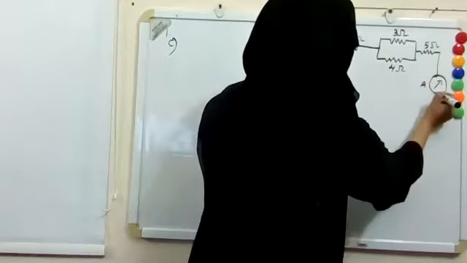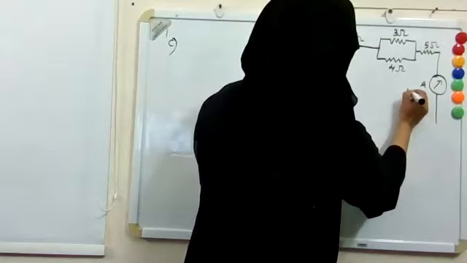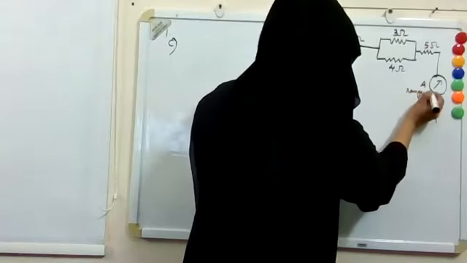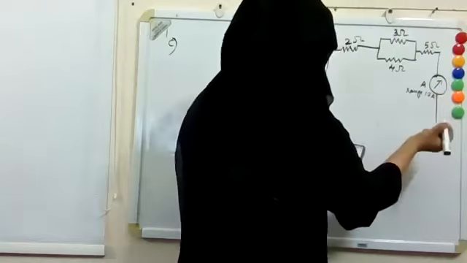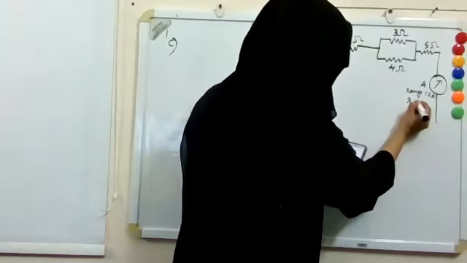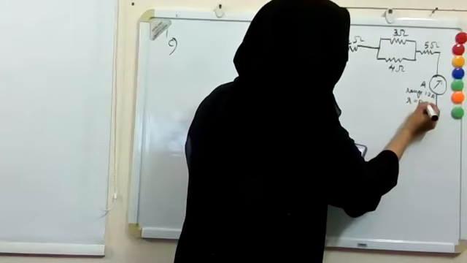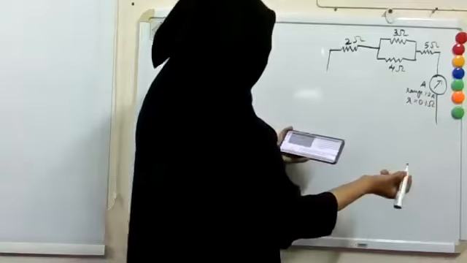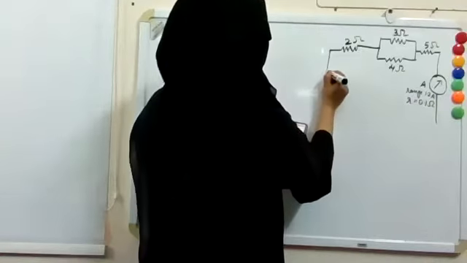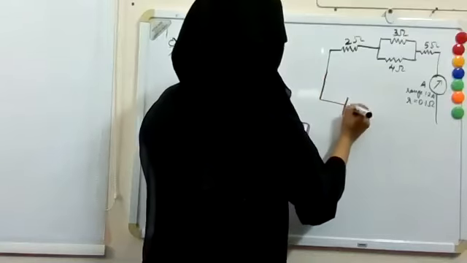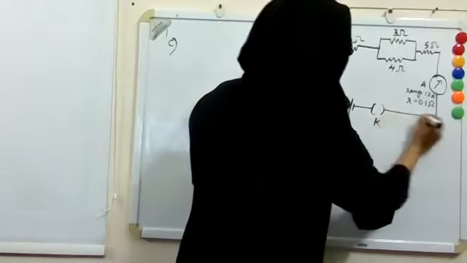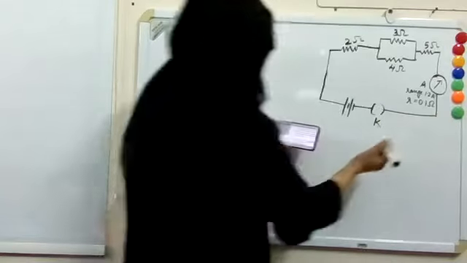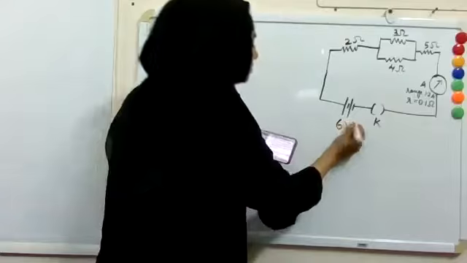It was mentioned that the maximum range of the ammeter is 1.2 ampere, and also the internal resistance of the ammeter is 0.1 ohm, and this is connected to a battery and a key, and the battery is showing a voltage of 6 volts.